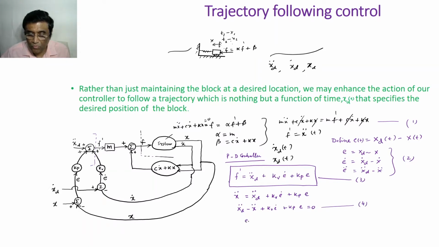What I have done here is that I wanted my controller to not only try to control the state parameter x dot like that. So I defined an error term, the difference between desired value and actual value.